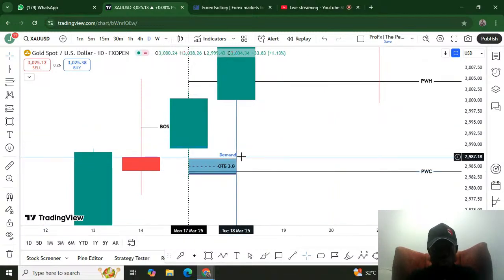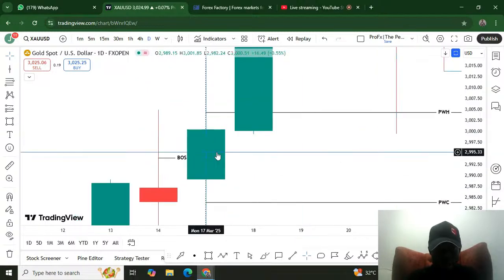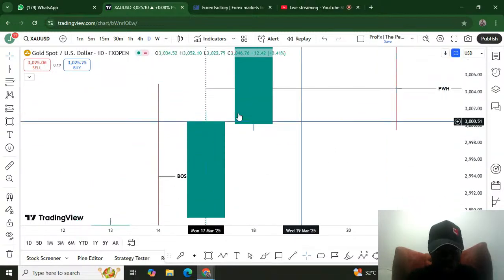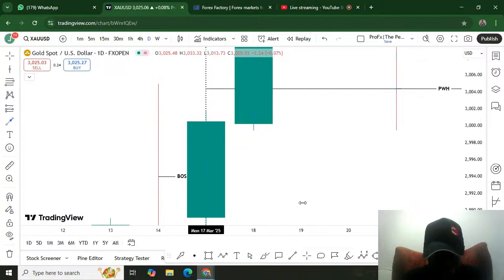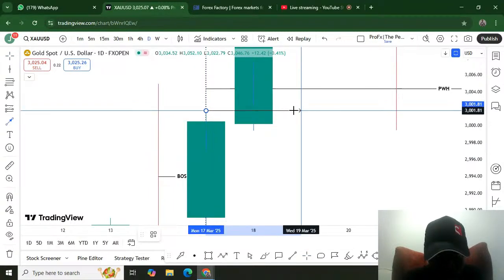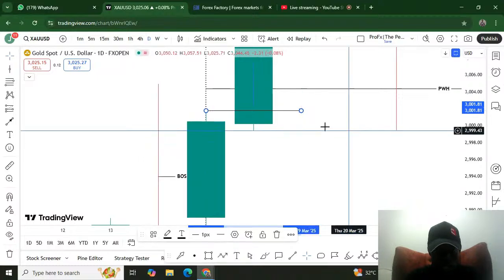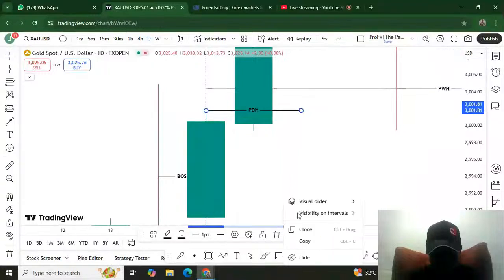So the next is to mark our daily. How did Monday close? Monday closed bullish. So we are going to focus on the high and the close. Previous day high, PDH and PDC.